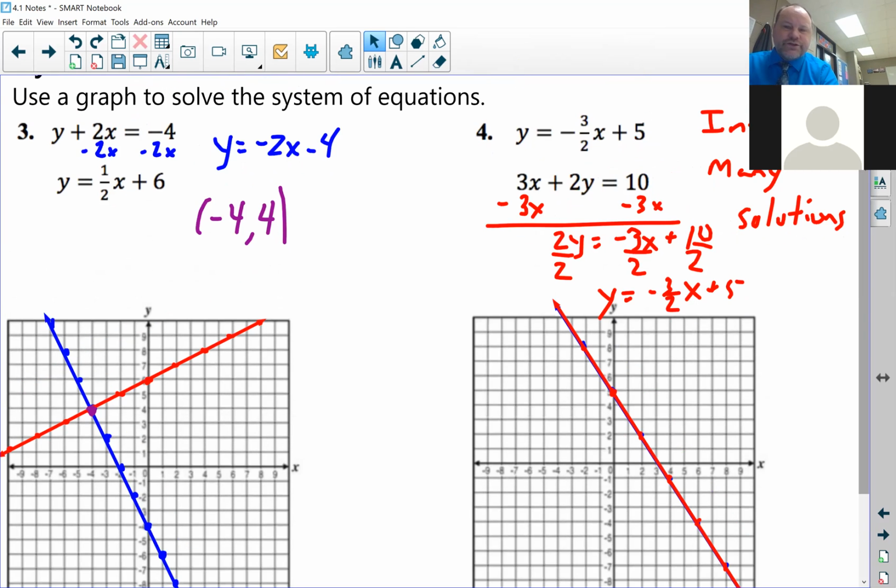For no solution, the only difference is that y-intercept. And I did see a few of you commented back that had no solution. Oh, I forgot to divide the whole thing by 2. So just be very aware of those things as you're working on those problems.